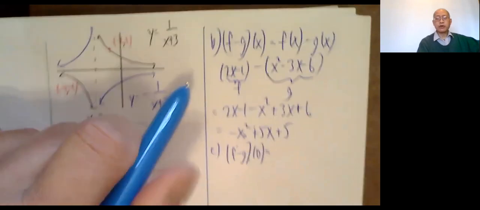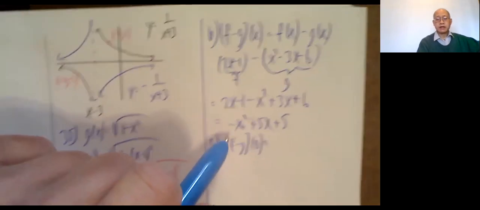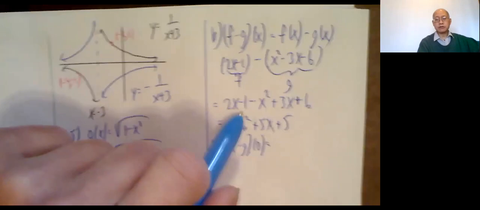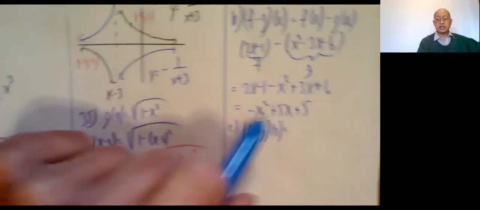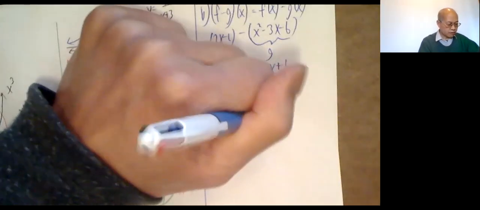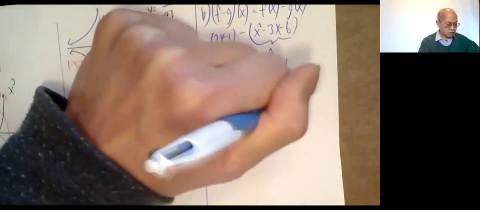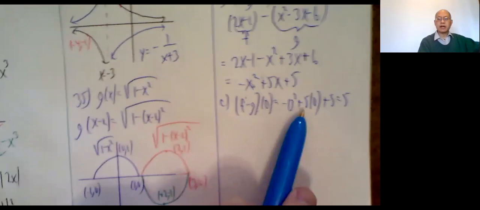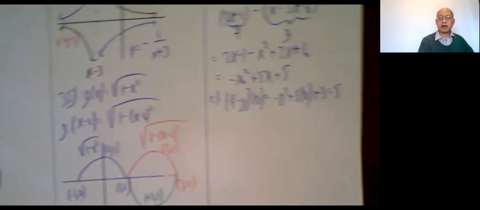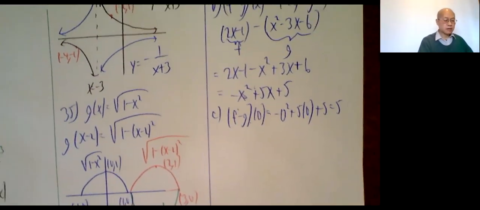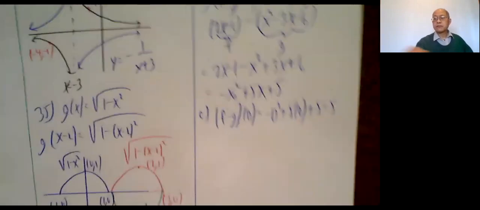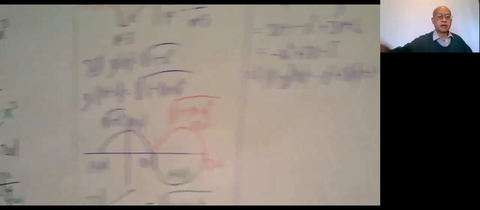You don't have to reinvent the wheel, so to speak. I already did f minus g right here, so why do it all over again? Just take this answer and plug in 0. So negative 0 squared plus 5 times 0 plus 5. That's 0, plus 5, so it looks like an answer of 5. No big deal there, hopefully.